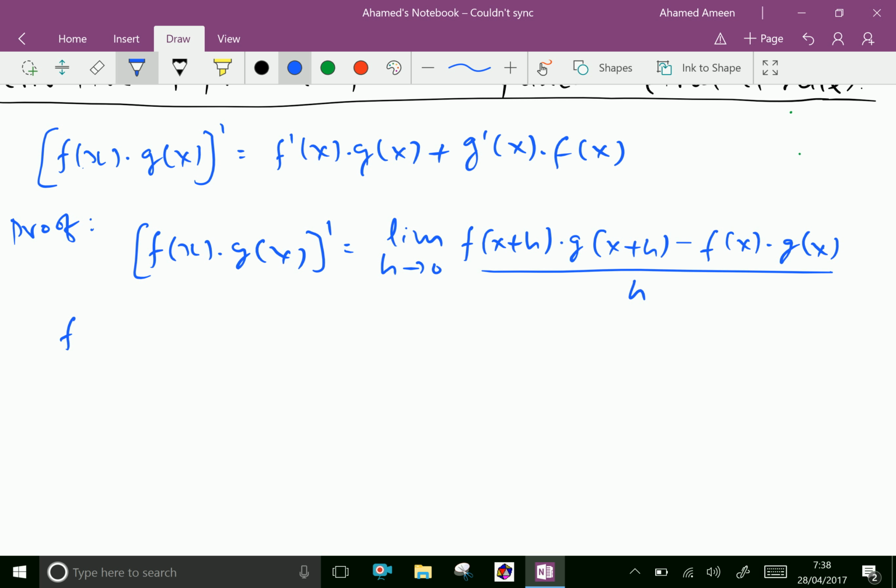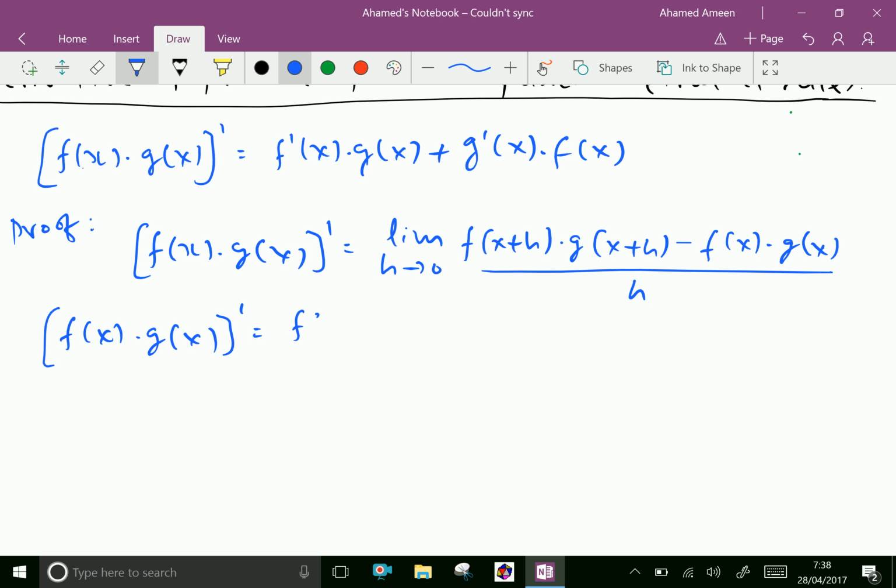Further, for (f(x) times g(x))', we can add the term f(x+h) times g(x), add and subtract.